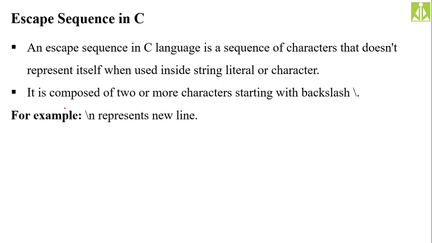So we have a list of escape sequences, and all the escape sequences start with a backslash. So this particular symbol you need to remember as a backslash, and this backslash is used when we are using a special escape sequence in our program. This special sequence has some special meaning in our program.